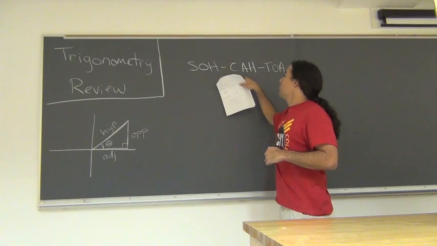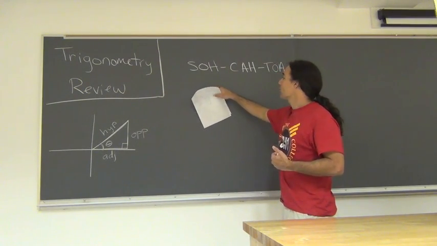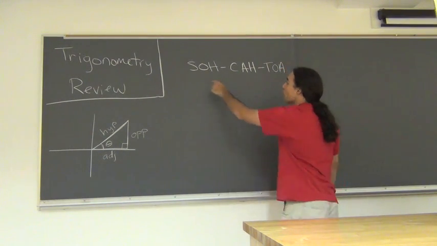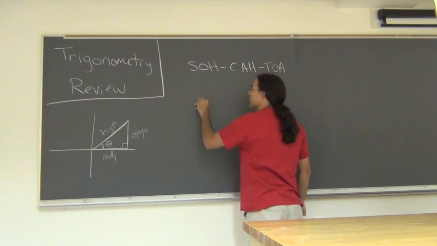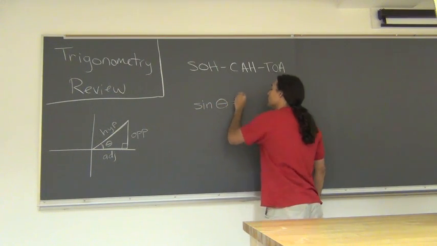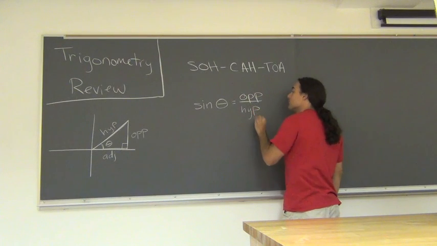Well, we can use sines, cosines, and tangents to relate the angle to the lengths of those sides. So from the SOH, we can say that the sine of the angle is equal to the opposite over the hypotenuse.